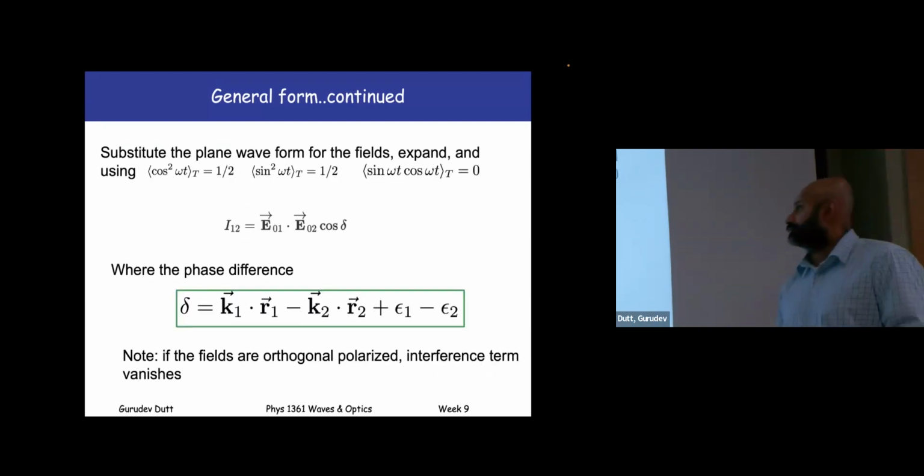Okay, so substitute the plane wave form for the fields, expand, and use the cos squared omega t. So I claim that this is the answer, and I will show you that now.